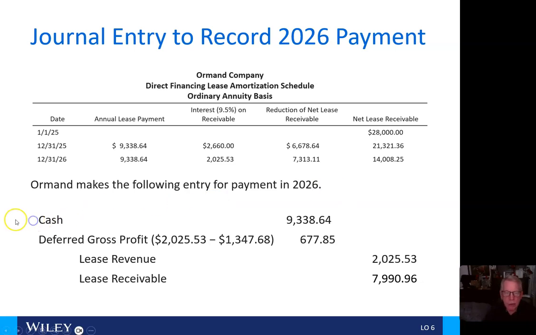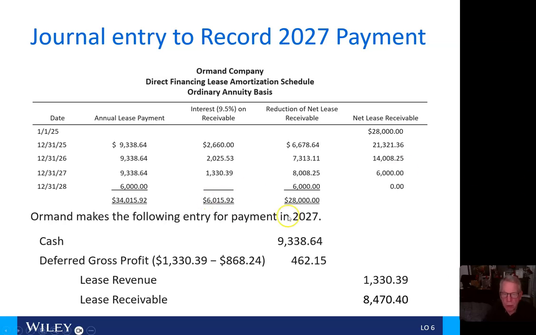It'll debit cash for $9,338.64 as shown. It'll debit deferred gross profit for $667.85. And we will credit lease revenue here for $2,025.53 and credit lease receivable here for $7,990.96.